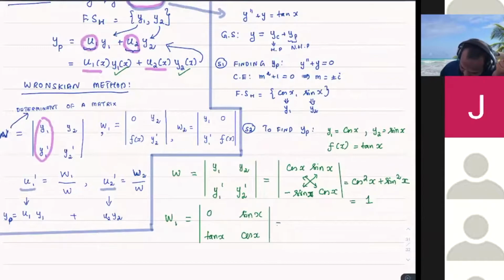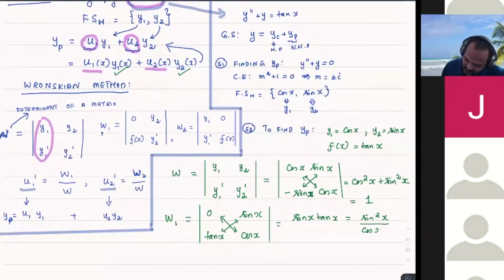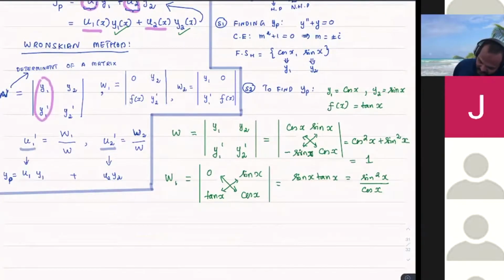When I do that, 0 times cosine is 0, and then you have sine x tan x. If you really write it, this would be sine squared x over cosine x. And this would be useful for us, by the way, in a moment, to figure out the integration.